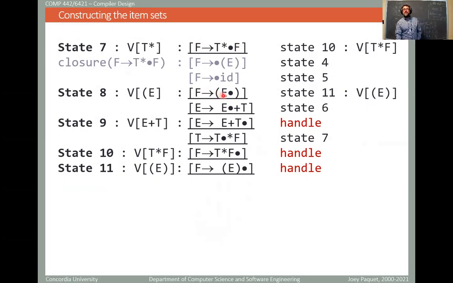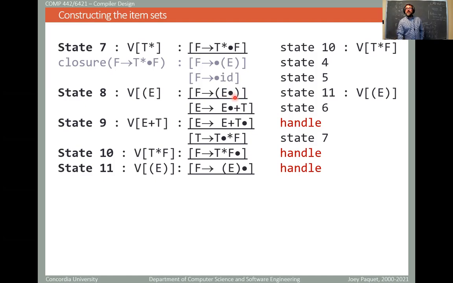So that's F gives open parenthesis E dot close parenthesis. Yes, E gives E dot plus T. Then you see that both of these items don't have a non-terminal after the dot. So there's no closure, there's no addition of any other items by the closure operation.